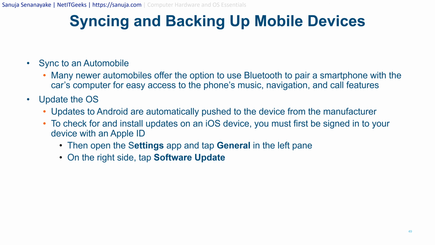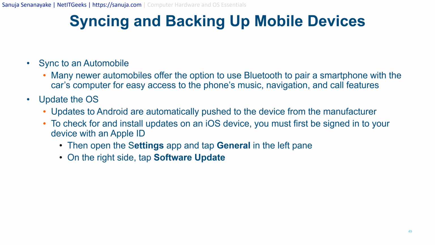For example, I have a Lexus RX and it syncs my contacts to its own storage. So even if my phone gets disconnected, I still have access to some of the information, even though I can't actually use that information to directly call from my Lexus because it doesn't have a cellular connection.